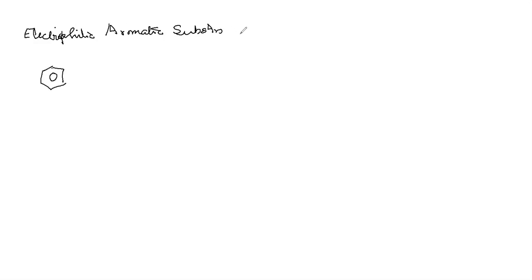Okay, first of all, sulfuric acid. This is the complete structure of sulfuric acid: OH, S double bond O, double bond O, OH. Now this is reacted with one more mole of sulfuric acid, HO S double bond O, double bond O, OH.